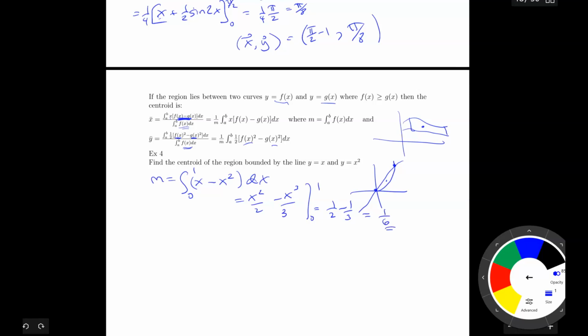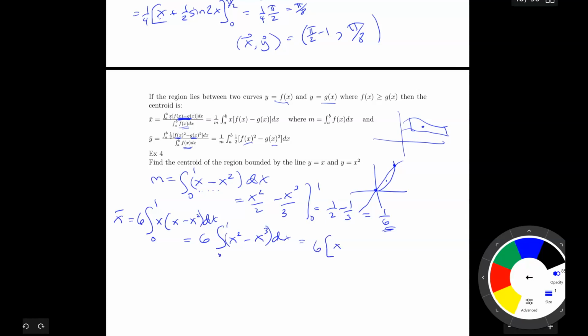All right, so let's go find x bar. That's going to be 1 over the a, so 1 over this. I'm just going to put that in right now. So that's 6, integral from 0 to 1. And then it's going to be x times f of x minus g of x. You know you have to multiply things like this out first.